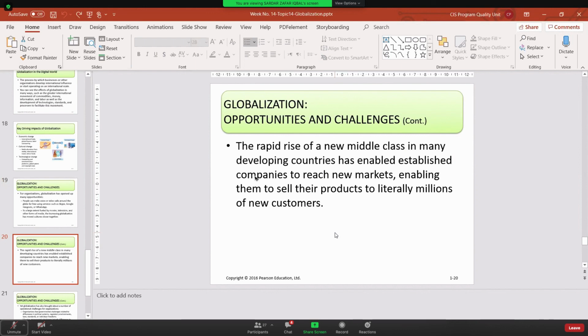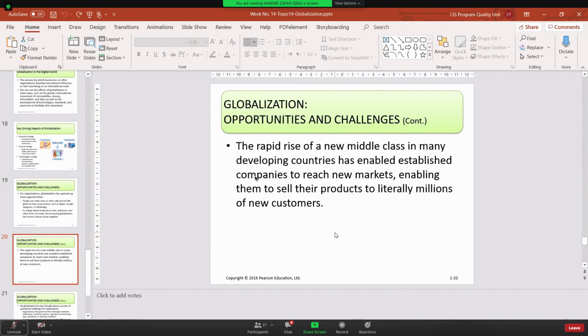So it's a big opportunity for businessmen to go there and invest. Even Pakistan and Bangladesh, if you consider the population in these countries together in Asia, it's a big opportunity for investors.